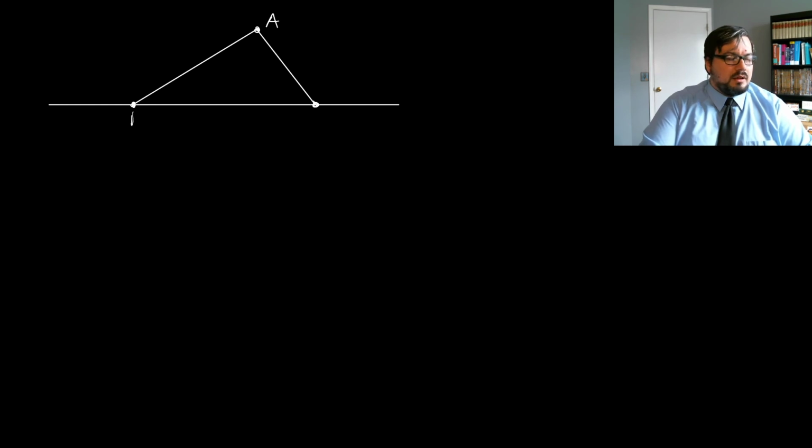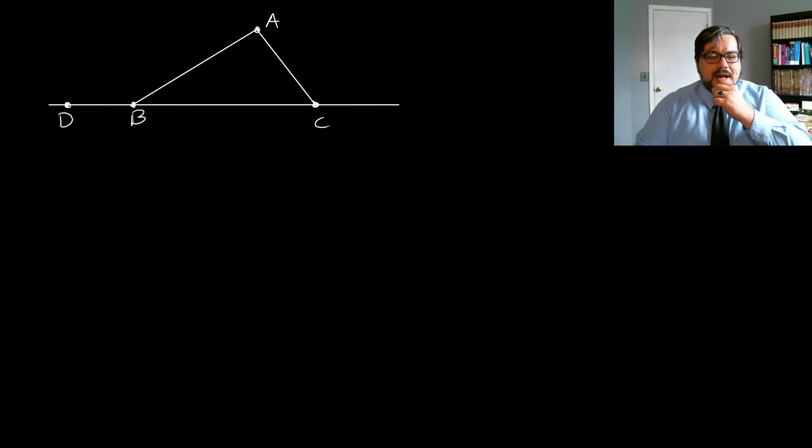Now, when we're working proofs and such, we have to be careful when writing things down. Sometimes we will want to use abbreviated notation. So, given this figure, there are lots of different angles that we could talk about here.